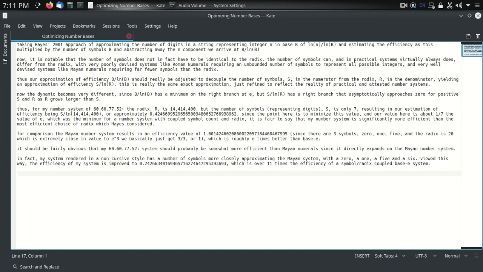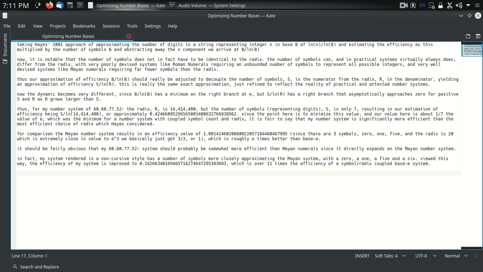Now, it's notable that the number of symbols does not in fact have to be identical to the radix, right? The number of symbols can, and in practical systems virtually always does, differ from the radix. Very poorly devised systems like Roman numerals require an unbounded number of symbols to represent all possible integers, and very well-devised systems like Mayan numerals require far fewer symbols than the radix.